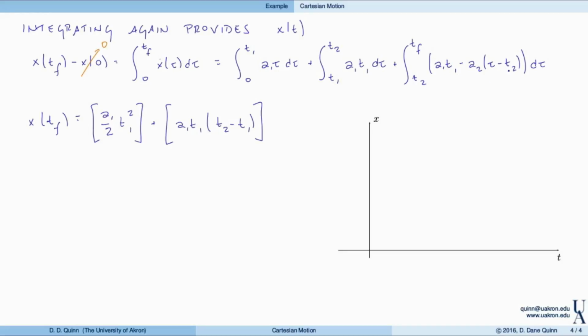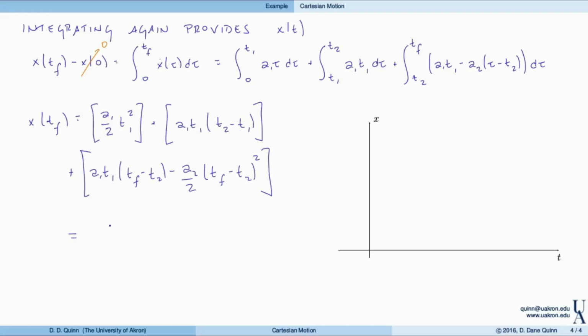And then finally, the integral of this last piece is a1 t1 times t final minus t2, minus a2 over 2 times t final minus t2 quantity squared. So again, maybe you want to pause the video at this point and work through these integrals to obtain this result, so that at the end this becomes the final displacement.